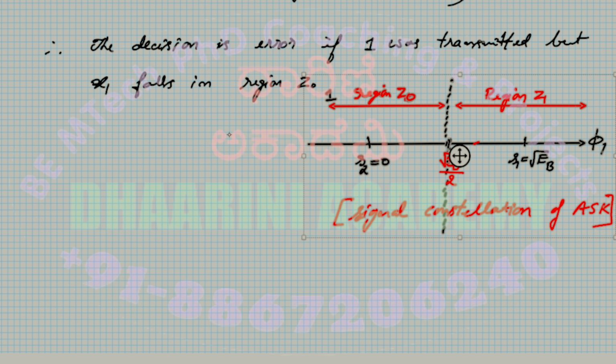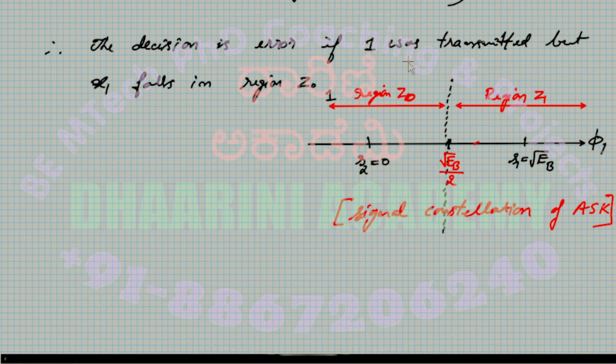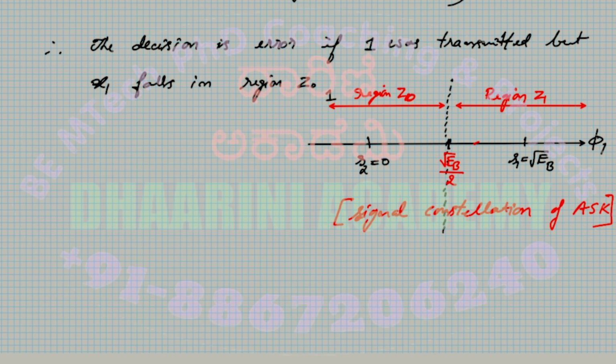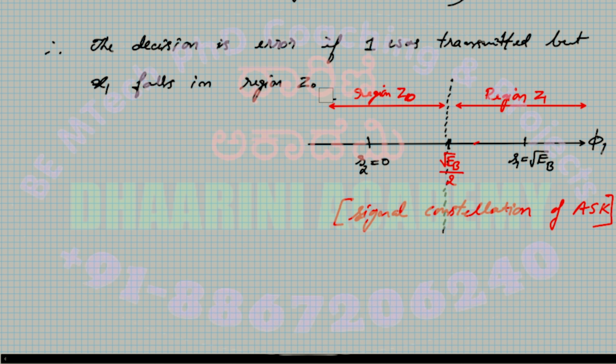So if at all symbol 1 was sent, but on the receiver side, the x1, the sampled value of the received signal after the cross correlation, falls in this region denoted by Z0, that means it is an error, correct? That's the point.